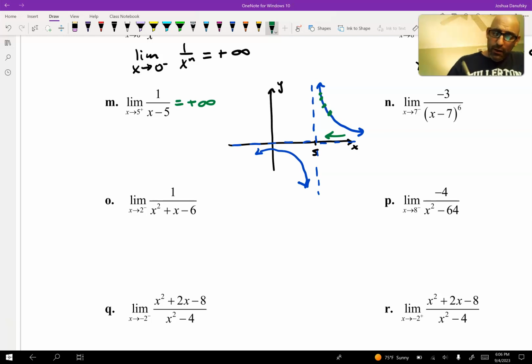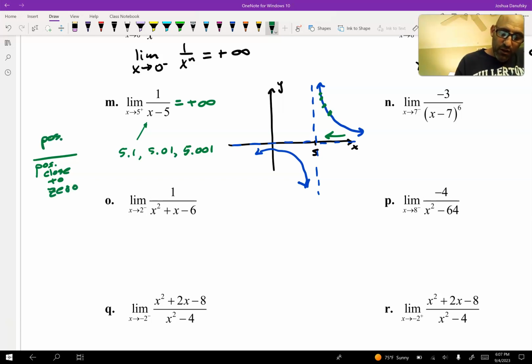Another way to think about it is if you plug in x's like 5.1, 5.01, 5.001, you're going to subtract the 5, but then you're going to have a positive close to 0 in the denominator, right? Positive close to 0. And of course, you have a positive constant on top.